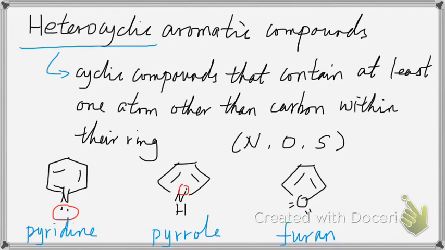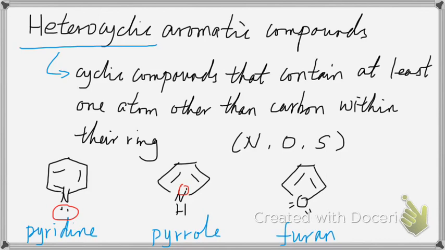But in pyrrole, these lone pairs of electrons will be part of the aromaticity. They are not readily available to participate in any reaction. As a result, pyridine will be more basic than pyrrole due to the availability of the lone pair of electrons on the nitrogen. Okay?